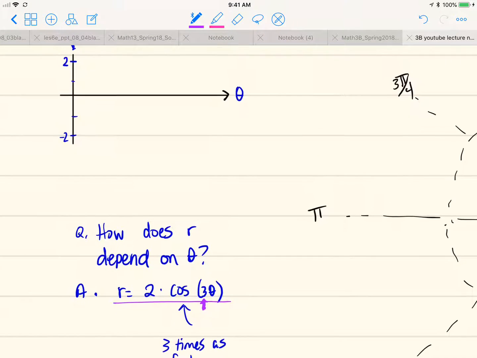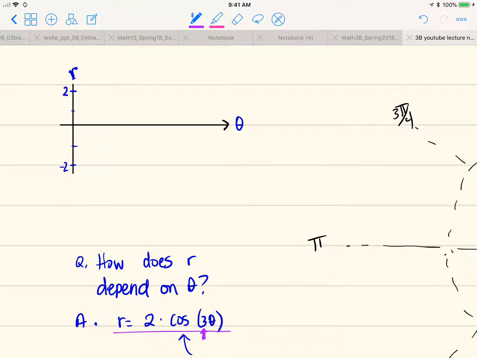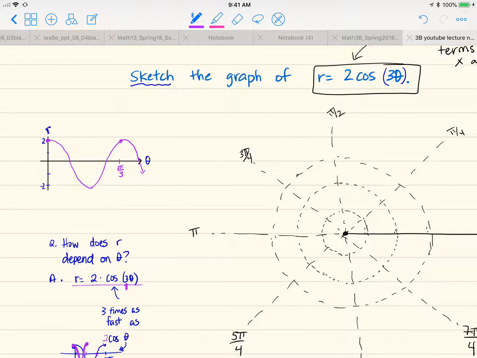So if we put this in, at 2 pi over 3 we will have gone down to 0, down to negative 2, back to 0, and then out at 2, and then down to 0. It's going to keep on going like that, and it's going to repeat.